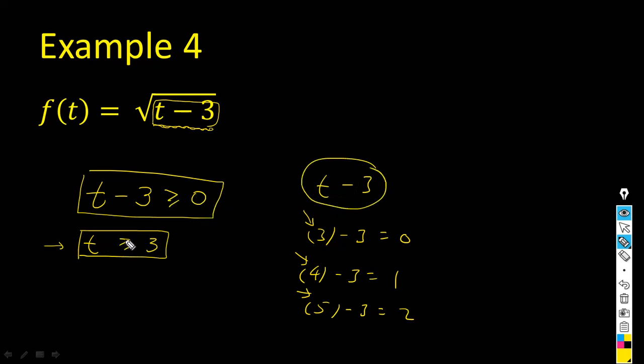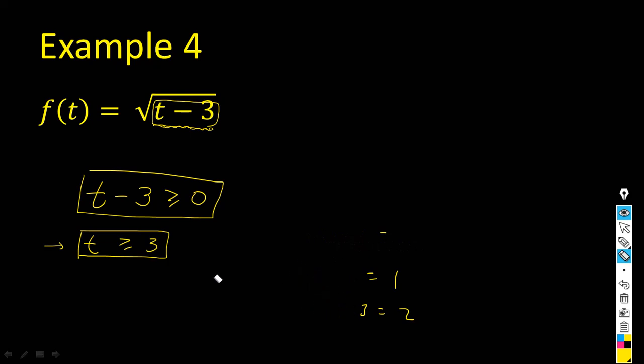Okay, so we can evaluate this function f at any number t as long as that number t is greater or equal than 3. I can give any number t here as long as this number is either 3 or greater than 3 in order for this function not to crash.